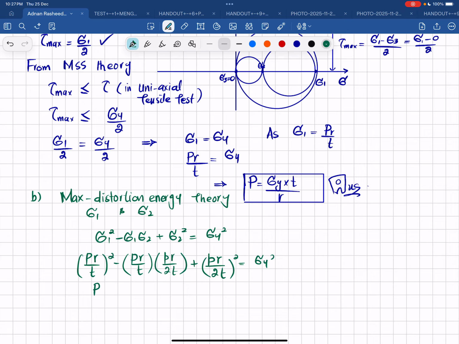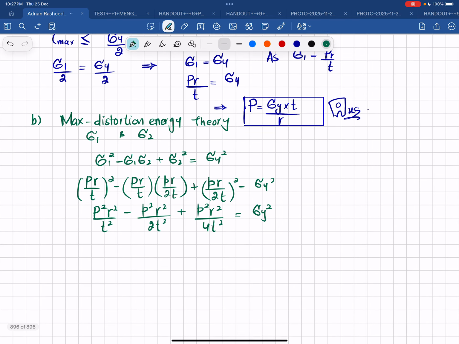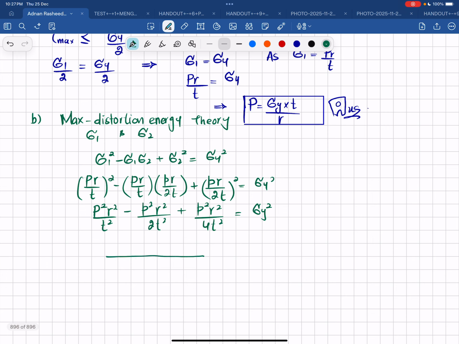So I will get P squared R squared divided by T squared, minus P squared R squared divided by 2T squared, plus P squared R squared divided by 4T squared, equal to sigma yield squared. Now we will take the LCM, which will be 4T squared.